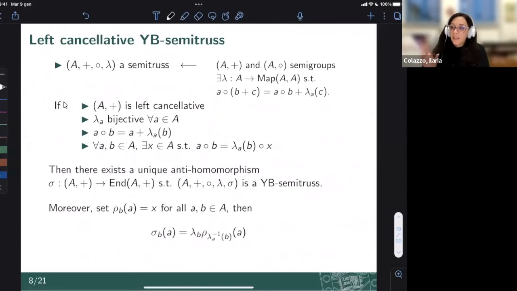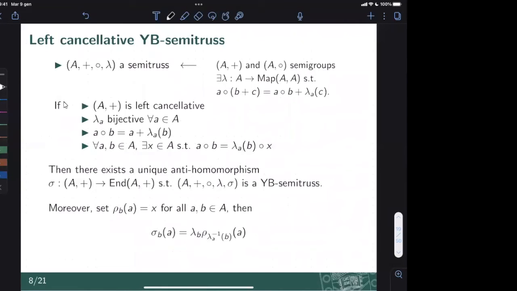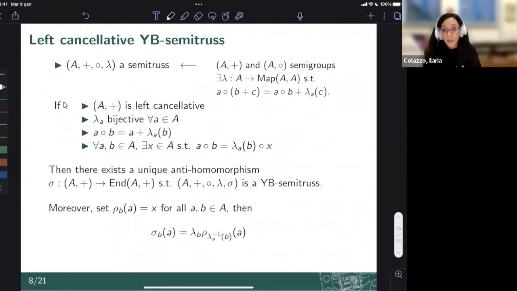map sigma that gives our semitruss the structure of a YB-semitruss. The fact that it is unique is because of the left cancellativity. In particular, if we call this element X here rho_B of A, which exists for any A and B, then we have an explicit representation of the sigma_B maps in this way.